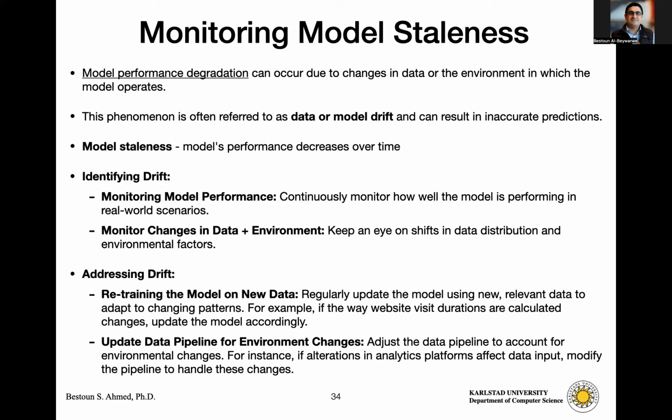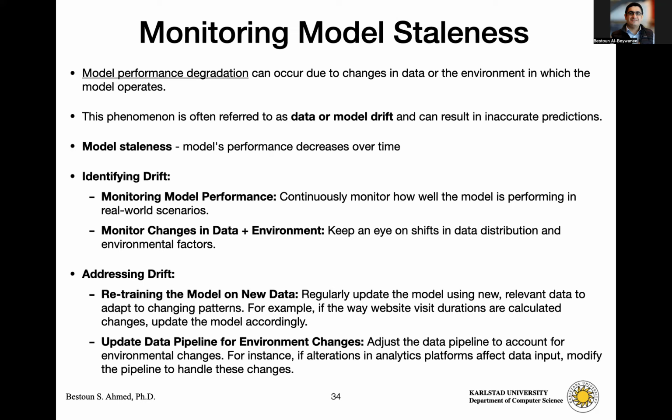So how to do this monitoring, how to identify this drift or detect this change? There are several things to do. For example, monitoring model performance continuously. When the model performance comes down, it means there is a performance change, and we have to do something for this.